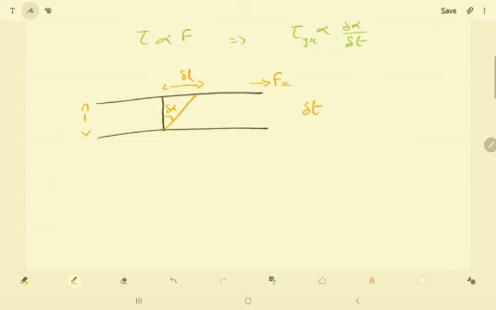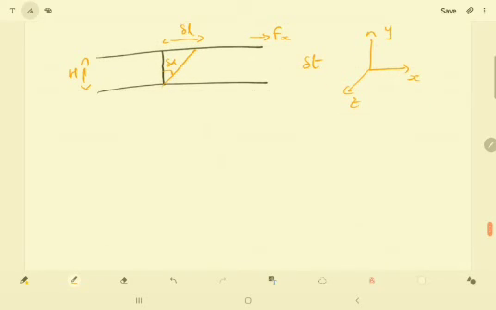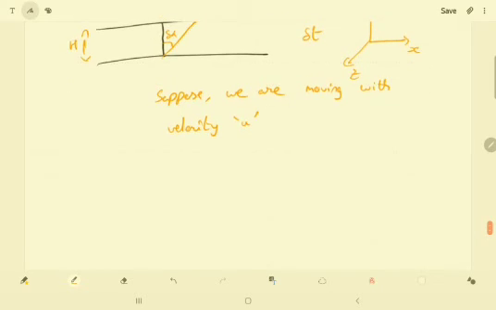The distance between two plates is h. The coordinates are in this direction, x, y, and z. Suppose we are moving the plate with velocity u. Then delta L equals u into delta t.